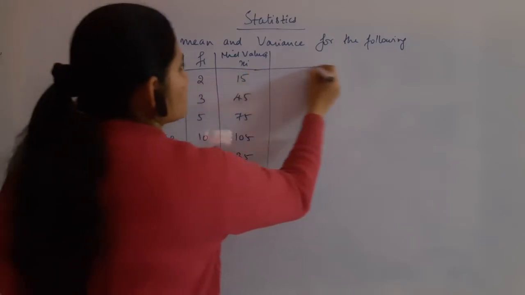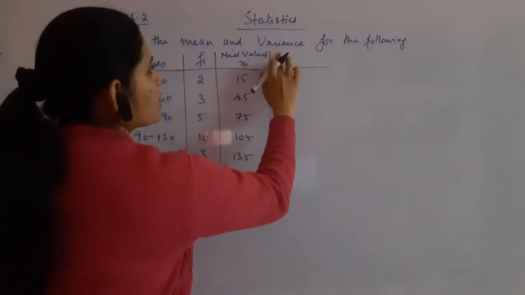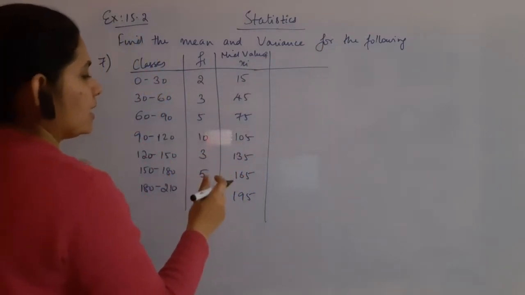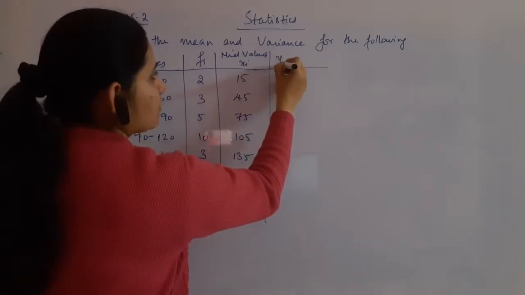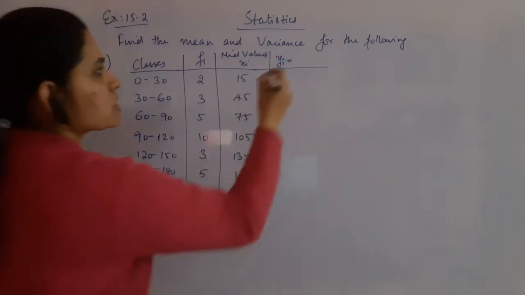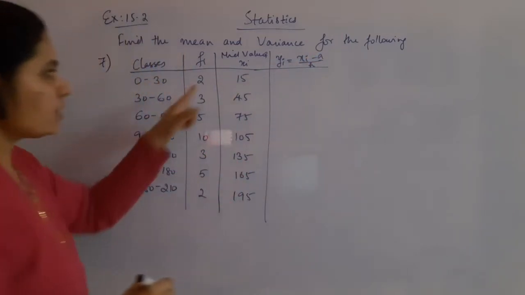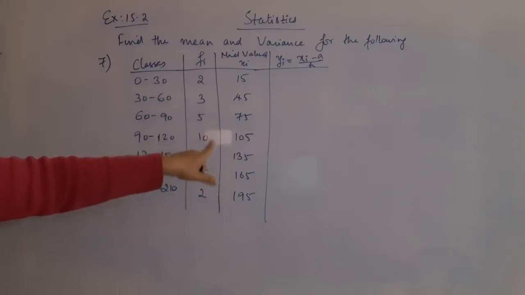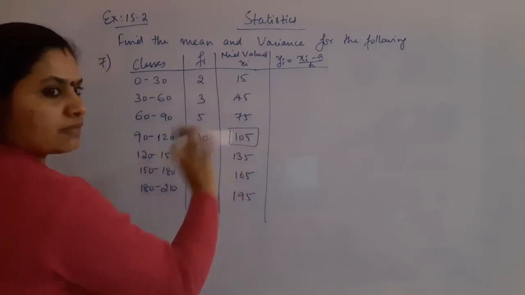Now you have to get di, which is xi minus a when you use deviation only. First you have to choose your assumed mean and make it yi or ui, which is equal to xi minus a by h. What you choose as your a will be a middle term; if you have two middle terms, you can choose either.